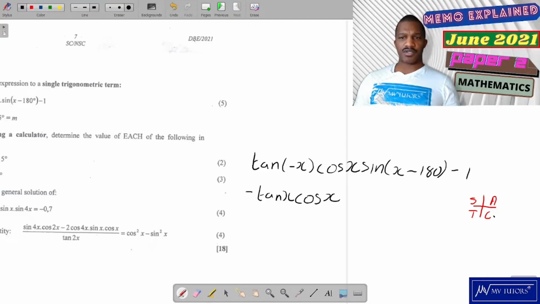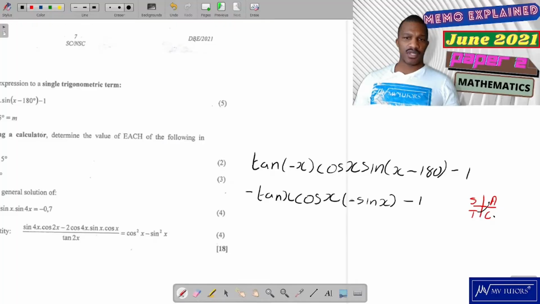Sine x minus 180 is okay. So if x is here and we go minus 180, that means we're going clockwise, and it brings us to this quadrant, and sine is negative in that quadrant, so we have negative sine x, and then that minus 1 at the end.